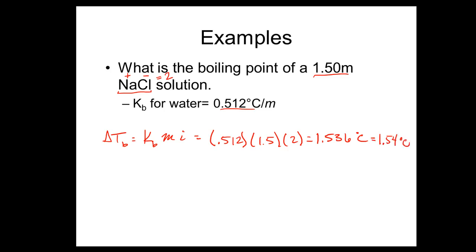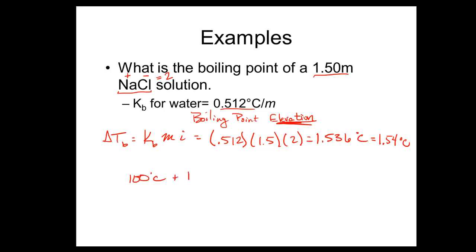Okay, so remember, this is boiling point elevation. That's the key. We're figuring out how much our boiling point is going to go up. So if we started at 100, we went up by 1.54.